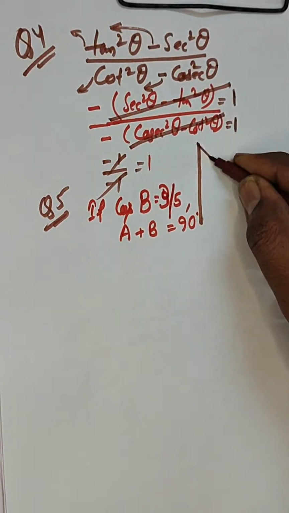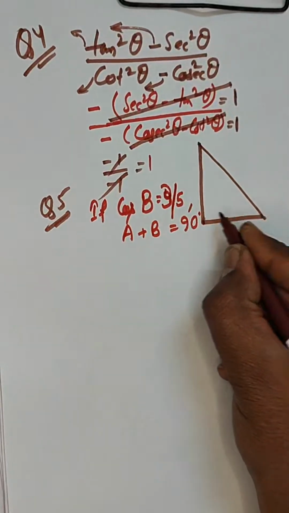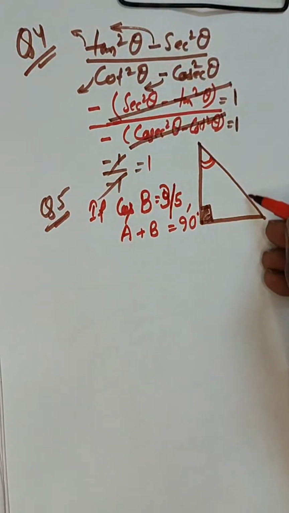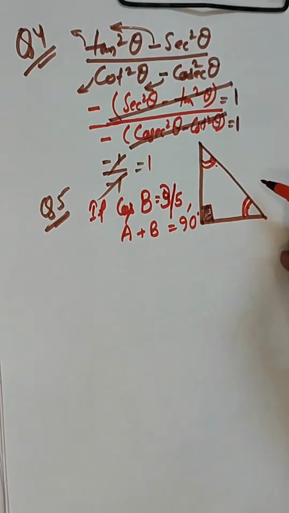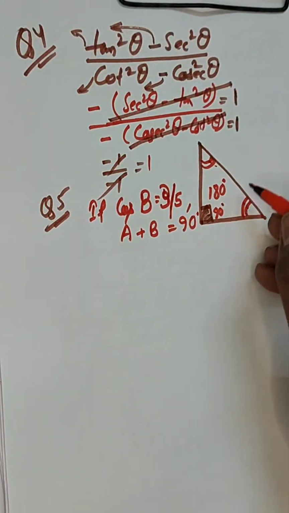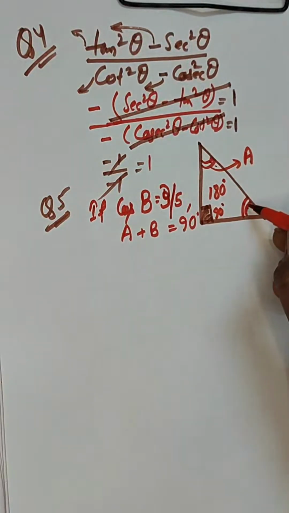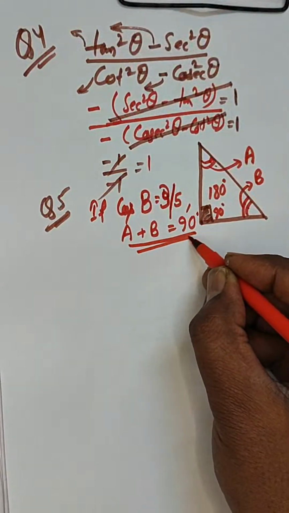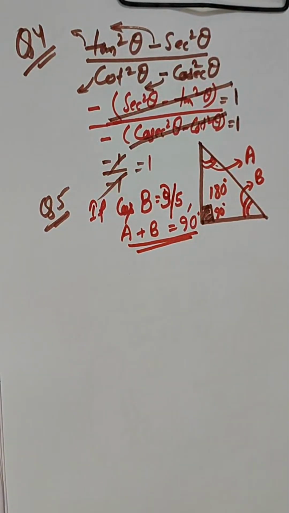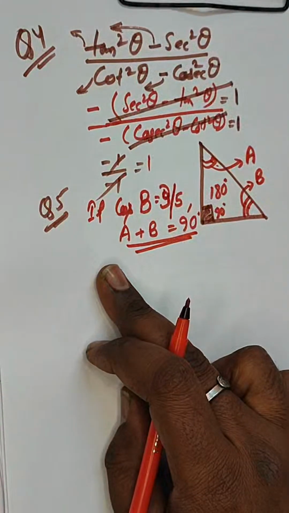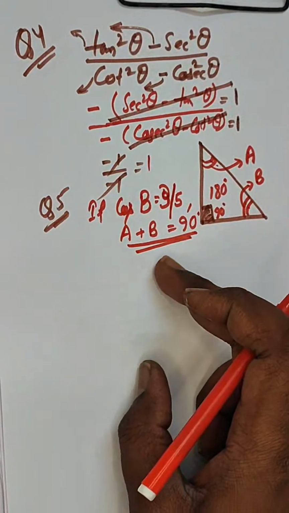If you take a right angle triangle, one angle is already 90 degrees, so definitely the other two angles will be complementary, because the sum of all the angles is 180 degrees and this is 90 degrees. So if this is angle a and this is angle b, then a plus b is equal to 90 degrees. Now use the concept of sine 90 minus theta equal to cos theta, cos 90 minus theta equal to sin theta.